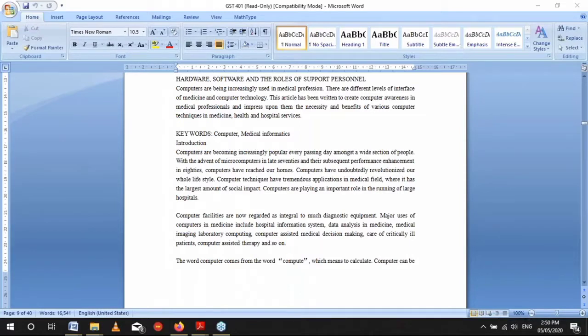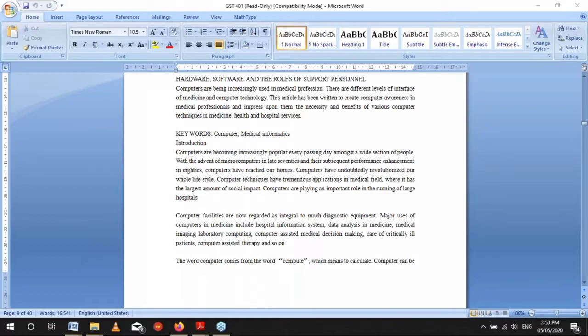Number 2 unit within the hardware is the central processing unit. They call it CPU. Central processing unit, CPU. It is the brain of the computer.